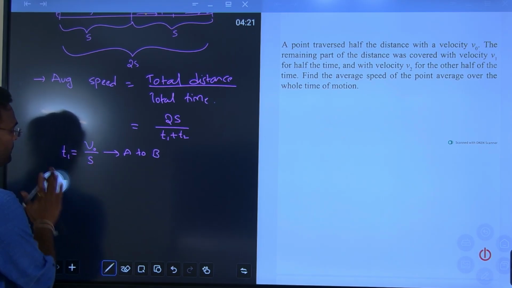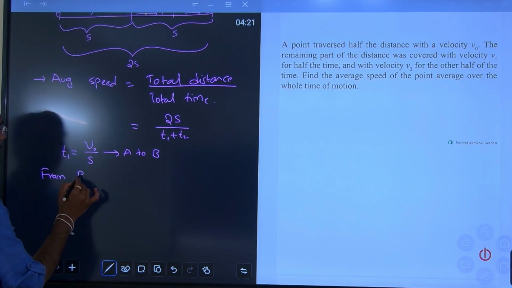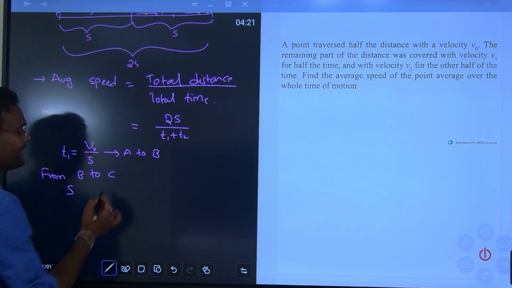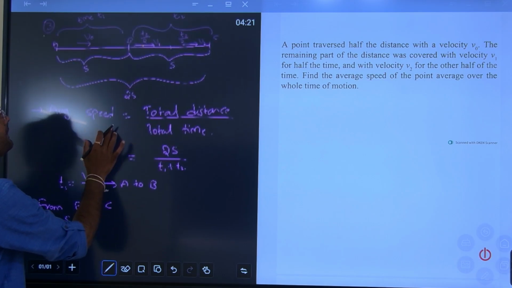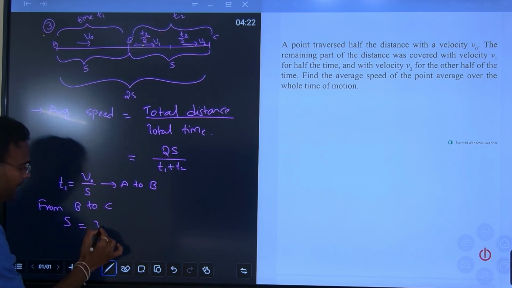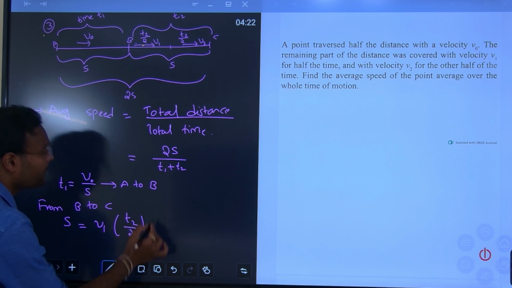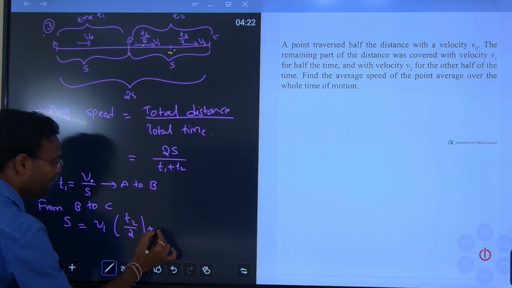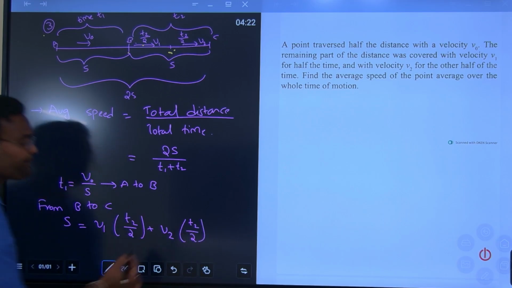Now from B to C, understand it, distance traveled is equal to velocity into time. That means velocity is V1 into T2 by 2 from here to here, and here to here again V2, T2 by 2. Can I write like this?